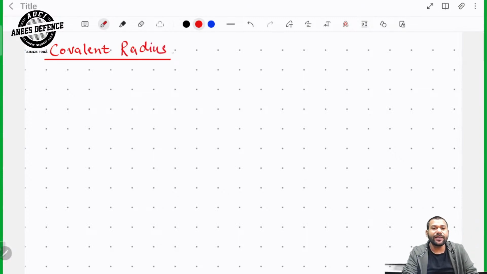We define covalent radius for molecules which are covalently bonded. To define the size of molecules, we can use the concept of covalent radius, and this concept will be valid only for covalently bonded molecules or covalently bonded compounds.